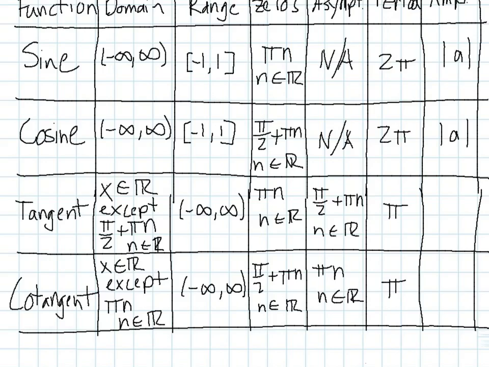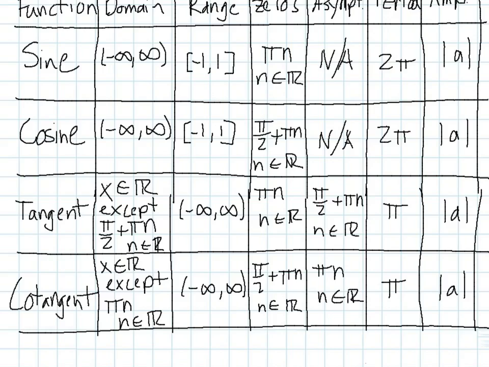Okay. Now all of these have the same thing in common, where the amplitude is the absolute value of a. Now this is just something for your notes, to put everything we've learned together in one spot, just so you can piece all these functions together.